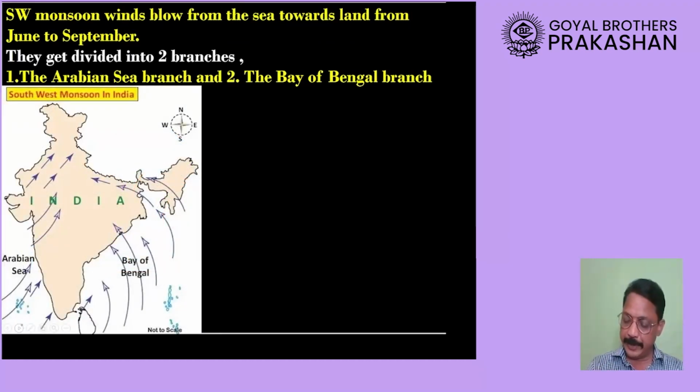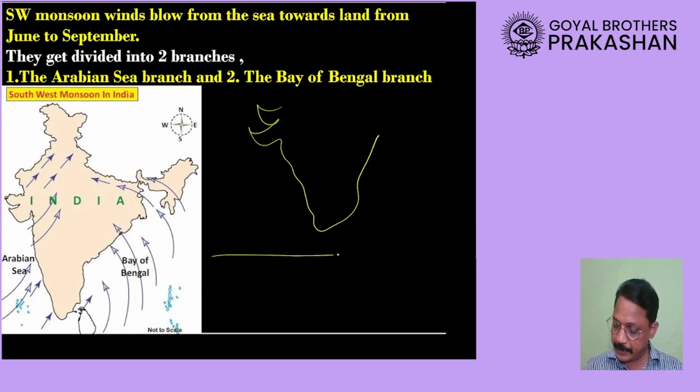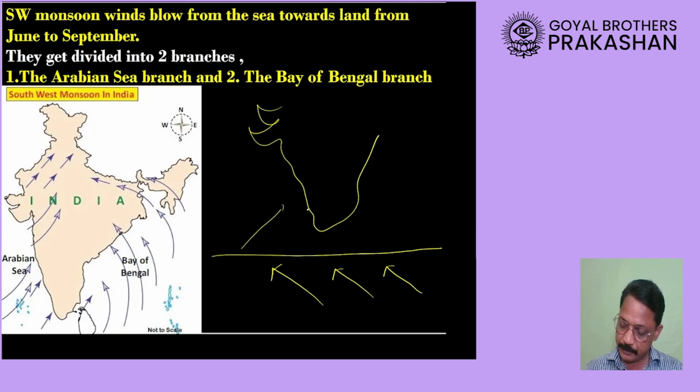Now a very important thing we will realize here: if I draw India here, and if this is the equator, these winds which blow from the southern hemisphere towards India, after crossing the equator, will be blowing this way. You will realize that some of these winds are blowing over the Arabian Sea, whereas some winds are blowing over the Bay of Bengal.